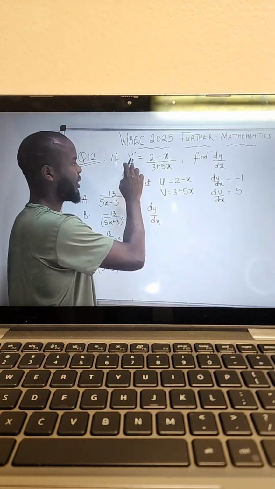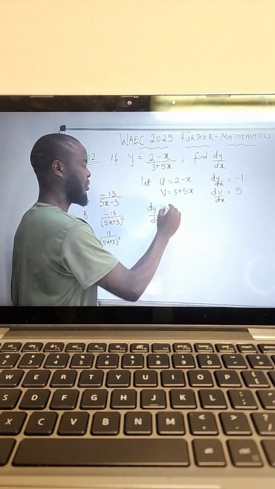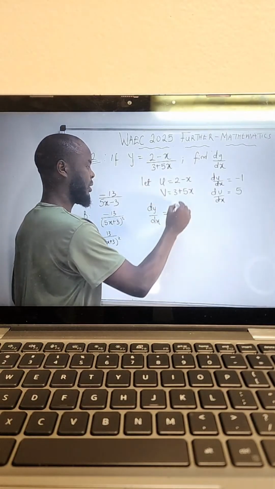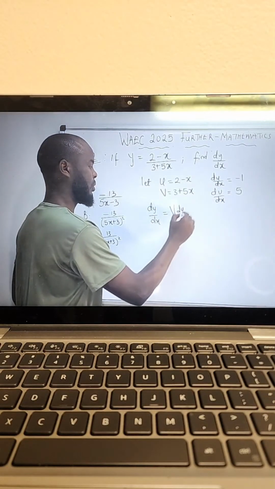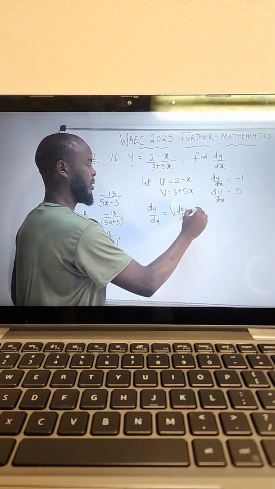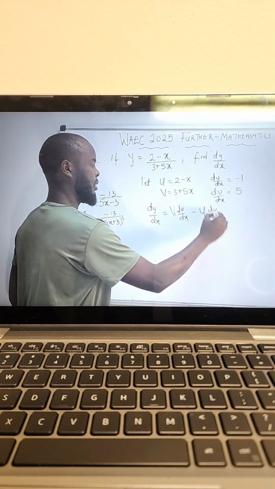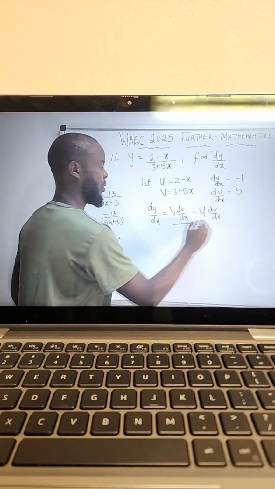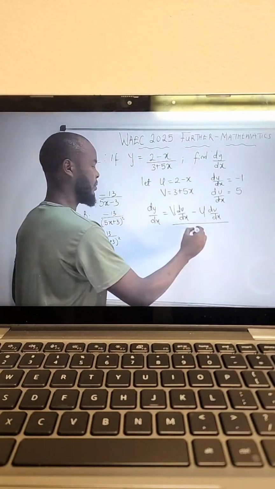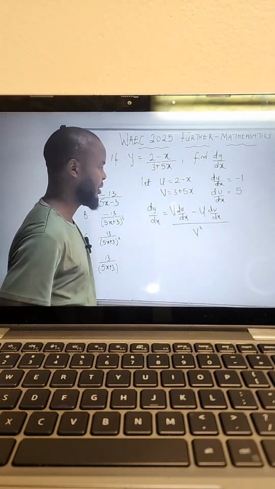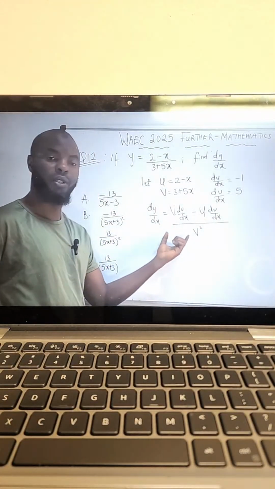If you want to differentiate this function with respect to x, you're going to use v du/dx minus u dv/dx all over v squared. So this is the formula for the quotient rule.